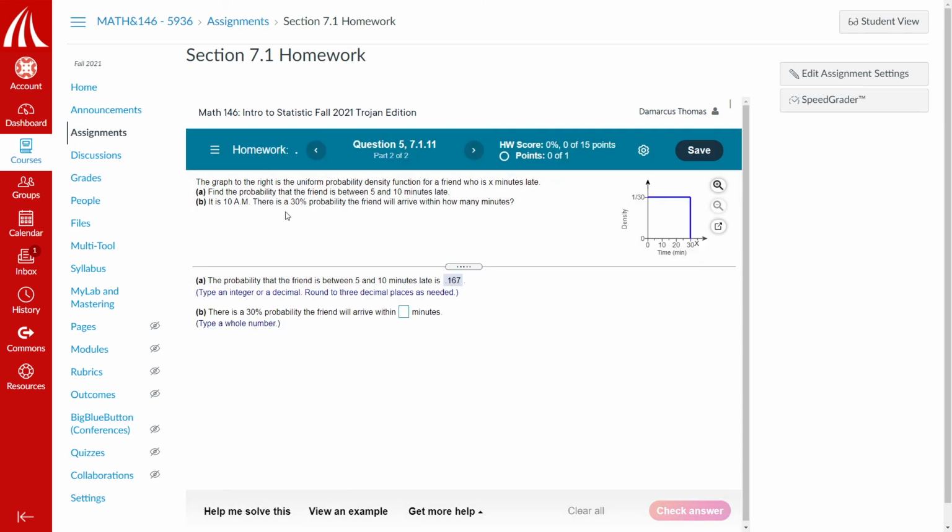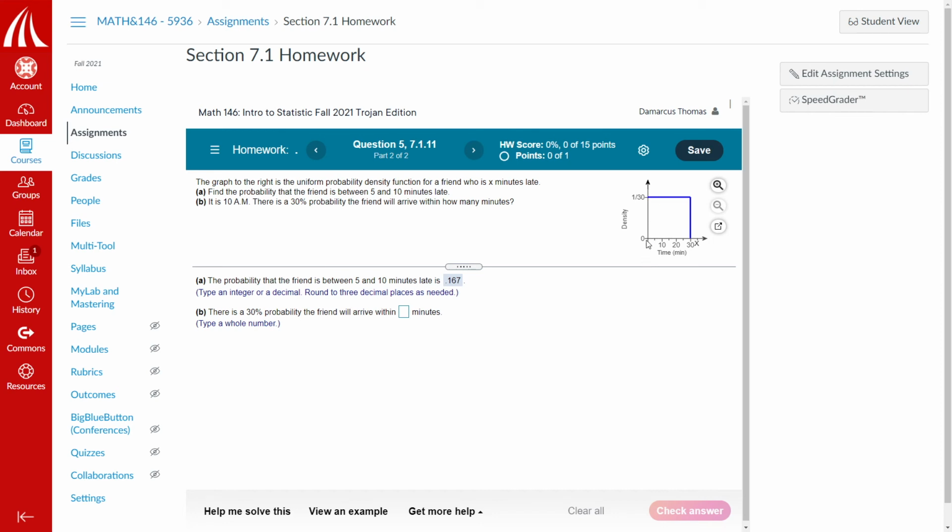Alright. And now, if there's a 30% probability, find how long it's going to take him. It's a good question. Well, first we just have to figure out how far out in order to get 0.3, really.